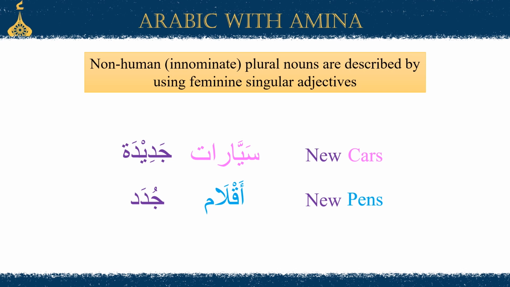Judad is the masculine form of new in the plural form as well, since the word aqlam is masculine. But again, we are not using the plural form for these nouns. We instead are describing them using the feminine singular adjective. So this would also be aqlamun jadida.